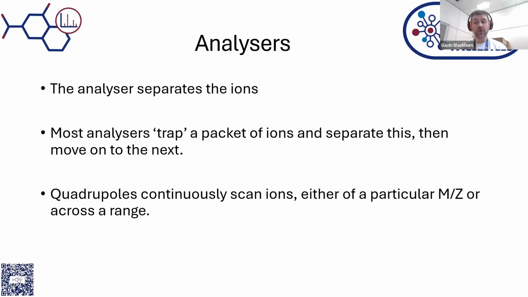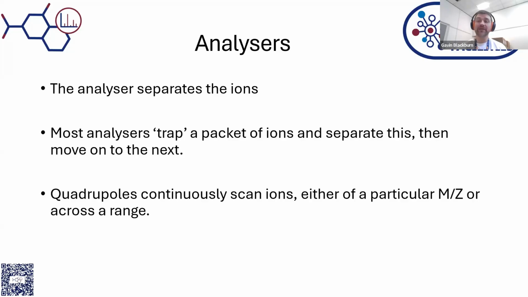Now that is actually important, because while you are analyzing that packet of ions, which is something called the duty cycle, you are either collecting ions for your next analysis, or, because in a mass spectrometer you can't just put in a huge amount of ions, there is a limit, you have to be discarding some information. So trap-based instruments can lose a little bit of their sensitivity. You don't get as much coverage across your samples. It's not a huge effect. And in fact, the vast majority of the work that we do is based around trap-based instruments.